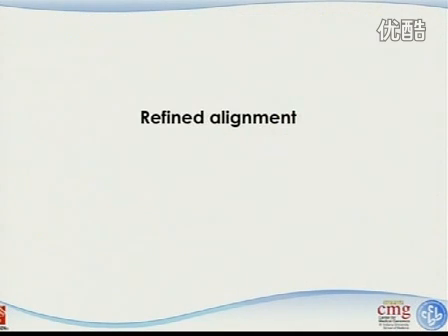Okay. Now we are going to move on to the refined alignment. We spent quite a bit of time in the second lecture talking about alignment algorithms. We started from Smith-Waterman and talked about the hash table-based index algorithm.